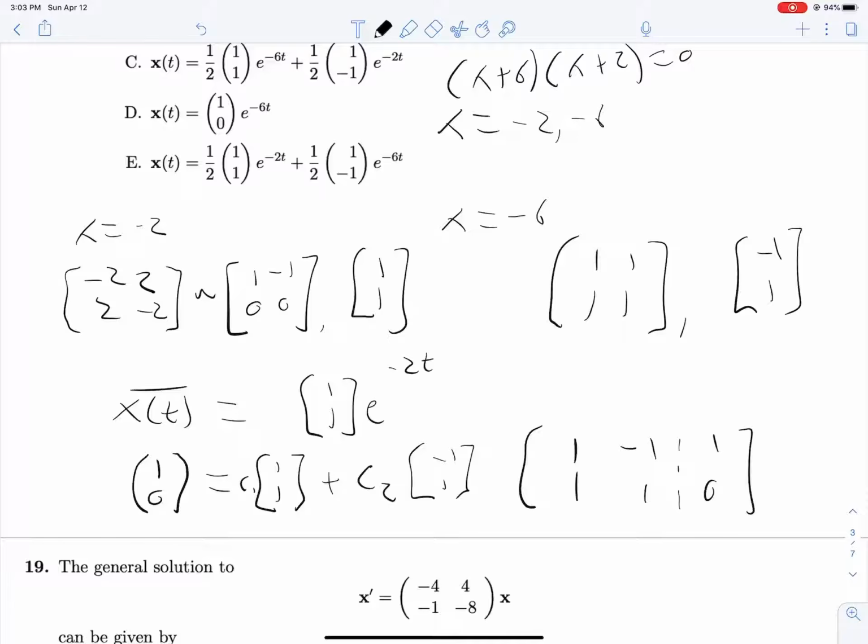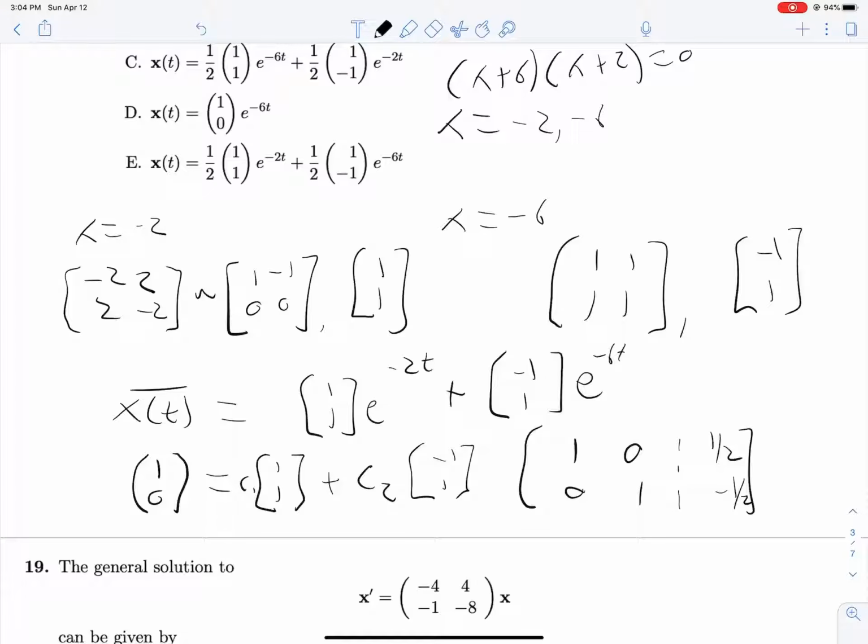Let's subtract row 1 from row 2. We will get 0, 2, negative 1. Let's divide this 2 out, and then add row 2 to row 1. 0, 1 half. So we see, whoops, I erased things by accident, plus negative 1, 1, e to the negative 6t. There we go.